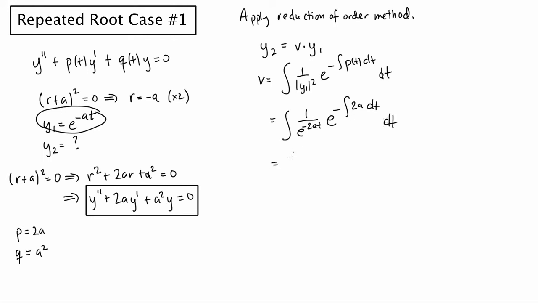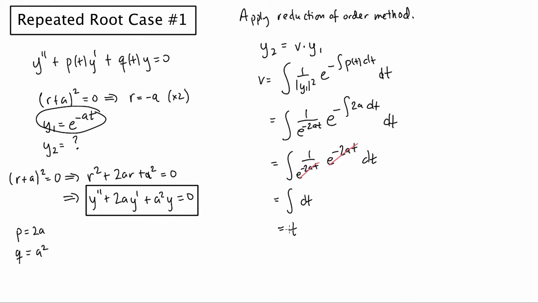All right, if we do the inner integral, the integral of 2a with respect to t is 2at. And nice enough to see that we have this cancellation occur, leaving us with just the integral of dt, which is t.